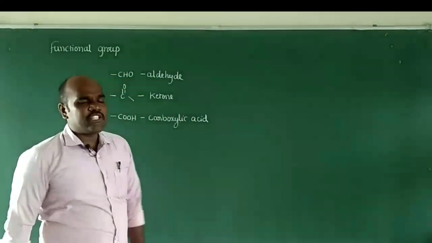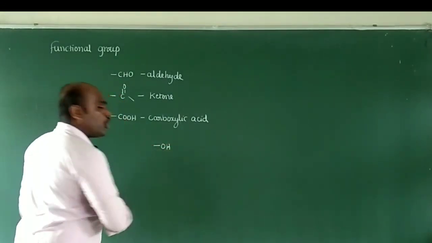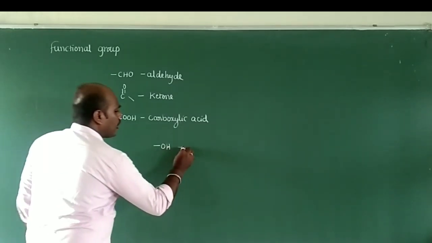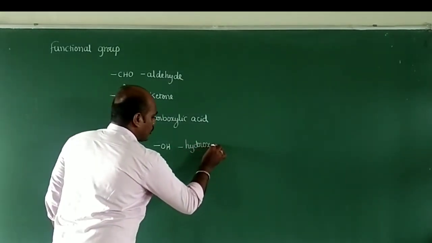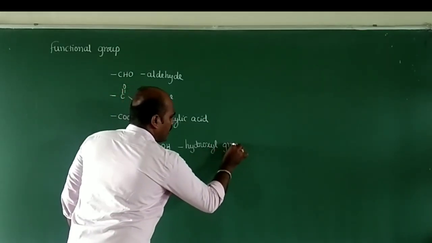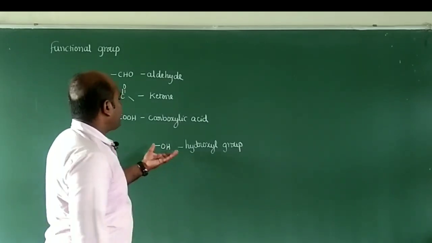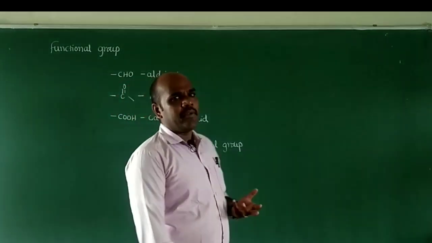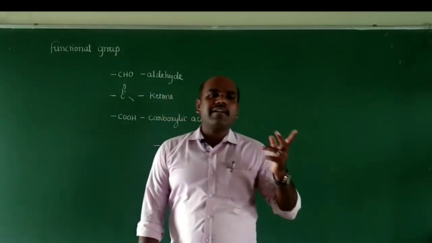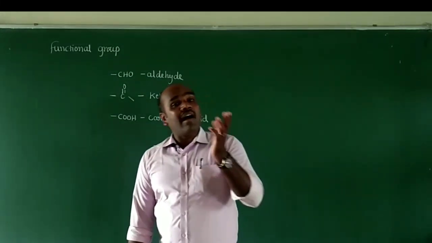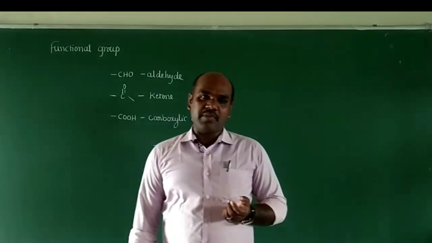So one such functional group is OH. We call this the hydroxyl group. The OH group is called hydroxyl group. So if you go with organic chemistry, in particular the hydrocarbons, we get two important kinds of hydrocarbons, namely aliphatic hydrocarbons and aromatic hydrocarbons.